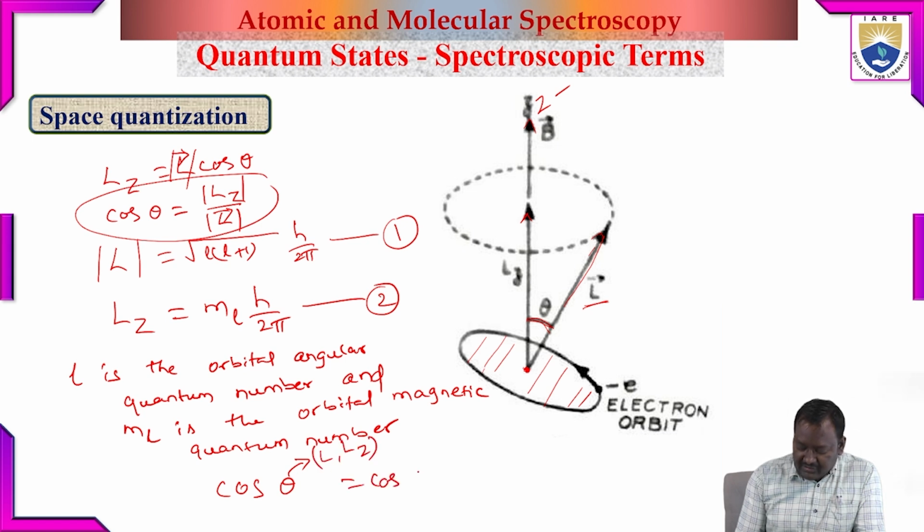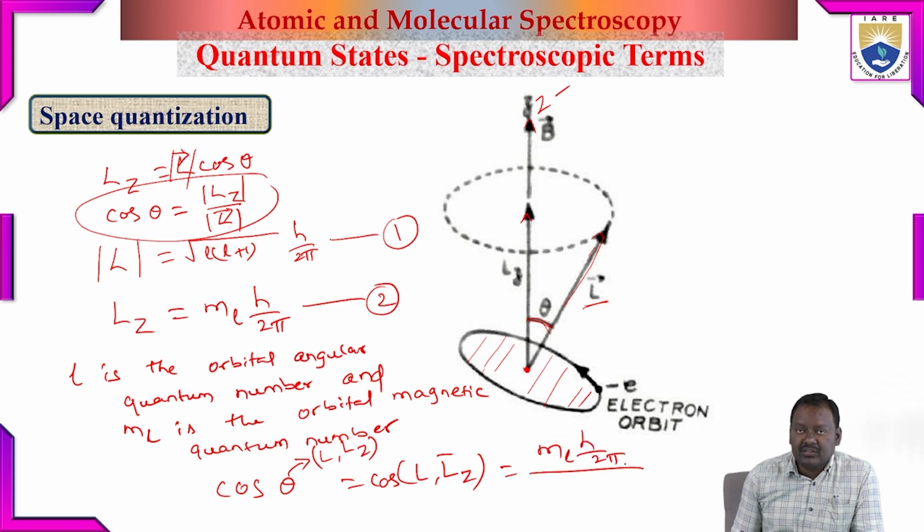That means cos of L comma Lz is equal to Lz by L, so ml h by 2 pi by square root of L into L plus 1 h by 2 pi. So here the h by 2 pi terms can be cancelled. So we are getting ml by square root of L into L plus 1.